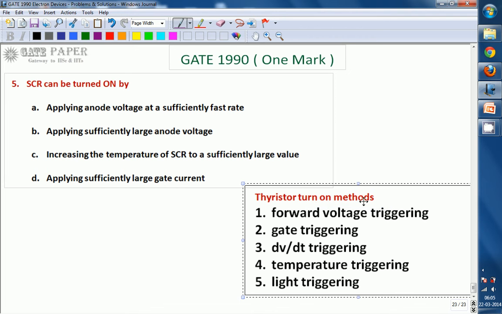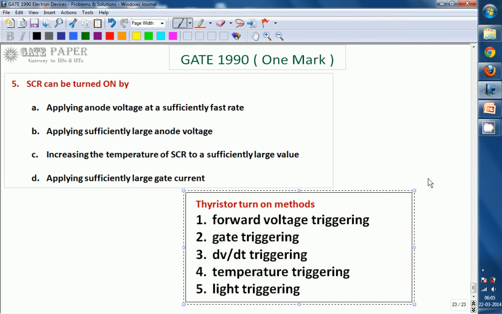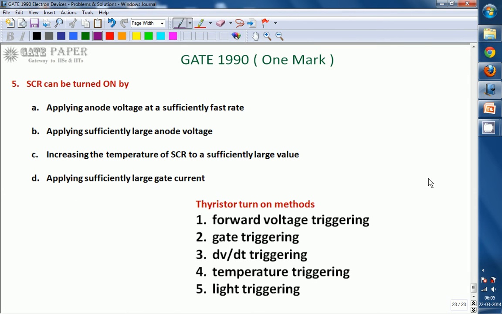Okay, so these are the different thyristor turning on methods. SCR is also called a thyristor. The first one is forward voltage triggering. Forward voltage triggering is nothing but applying a positive anode voltage which is greater than the forward breakover voltage, such that the SCR can be turned on.